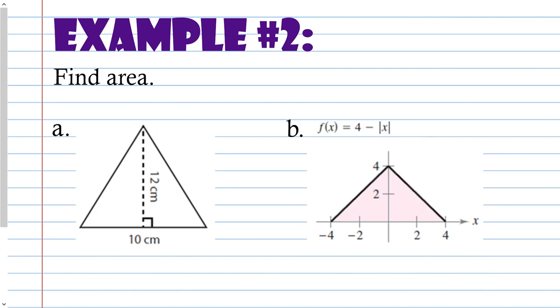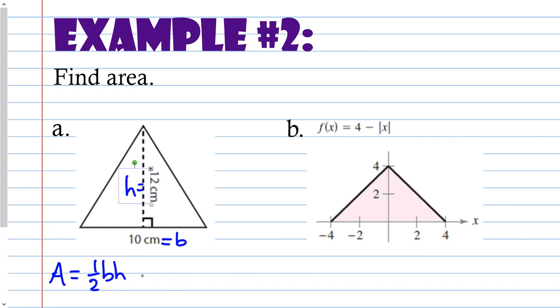So to continue with the pattern, A is just a triangle. We would find the area of the triangle. So 1/2 base times height. The 10 centimeters would be the base. That's the length of the bottom part of the triangle. And then the 12 is how tall this triangle is, so that's the height.